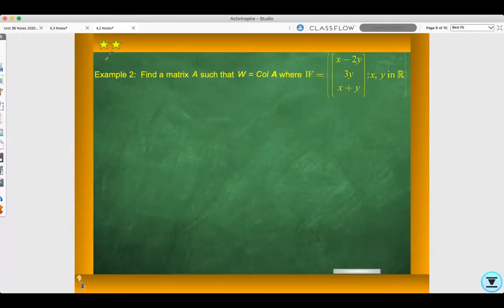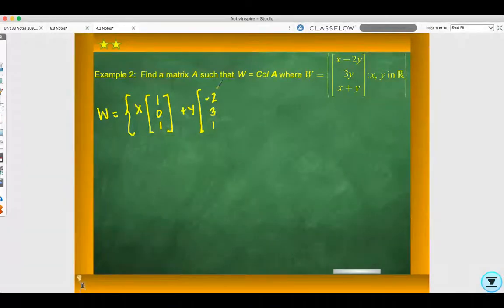Example 2. Find a matrix A such that W equals col A, where W is the set of vectors (x - 2y, 3y, x + y) with x and y in R. We need to write W as a linear combination. So W equals x times (1, 0, 1) plus y times (-2, 3, 1).